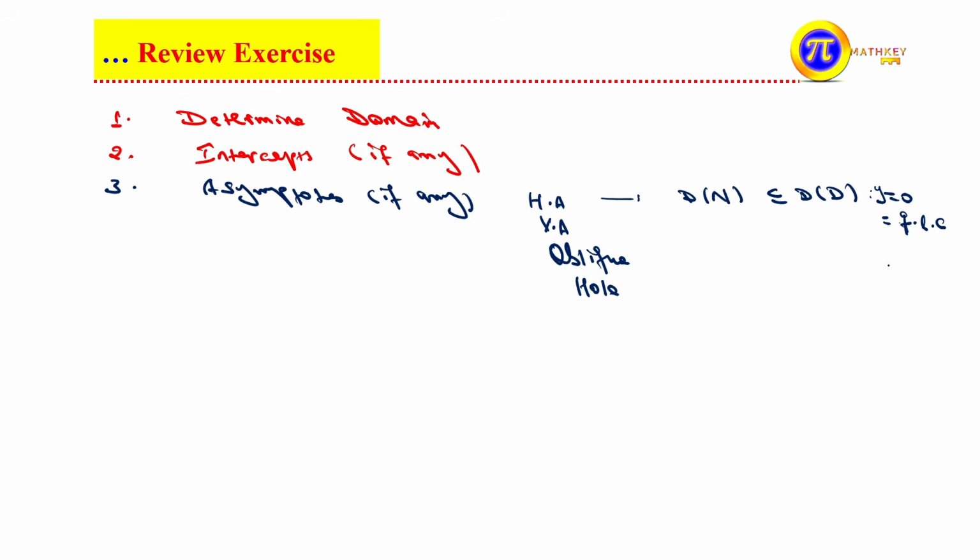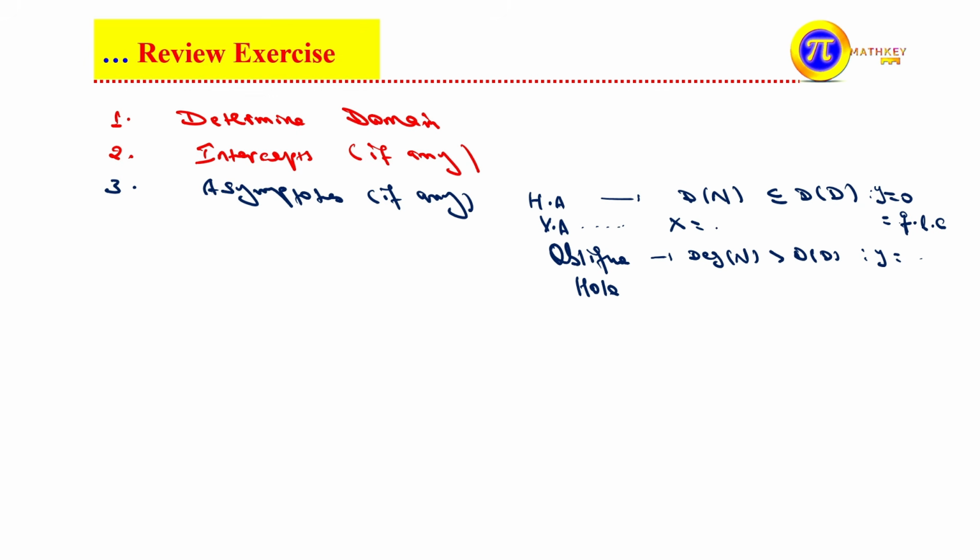An oblique asymptote occurs when the degree of the numerator is greater than the degree of the denominator; in that case we have an oblique asymptote y equals something. In the case of a vertical asymptote, x equals the zeros of the denominator that are not common factors of both numerator and denominator after simplification.